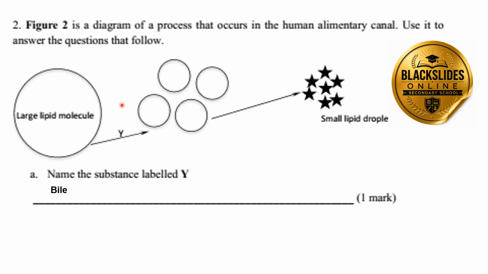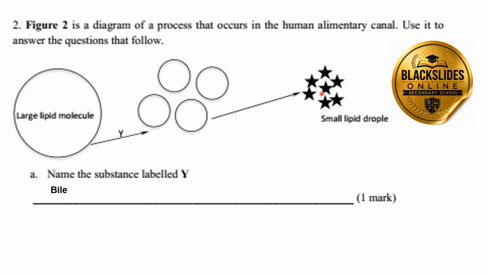By turning one big drop into many small droplets, this increases the surface area, so that now fat digesting enzymes, which in most cases is lipase, would have a massive surface area to break them down further and faster into fatty acids and glycerol.